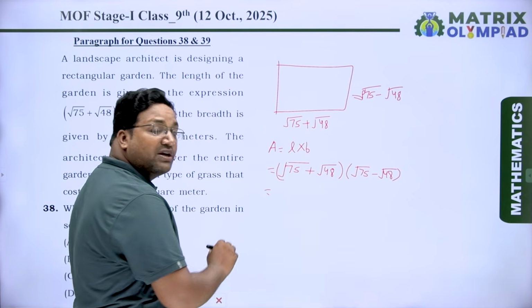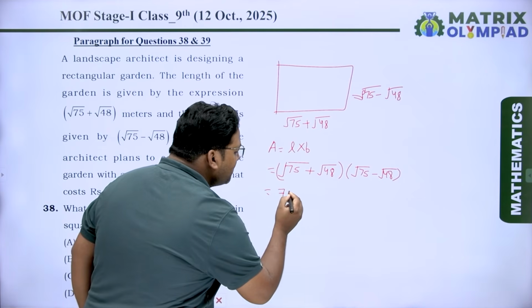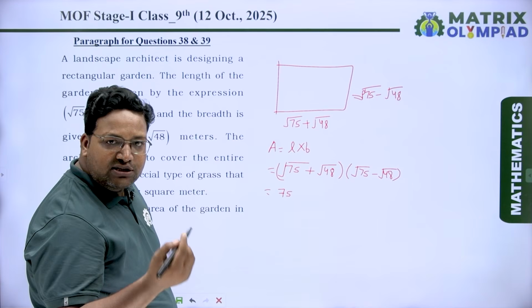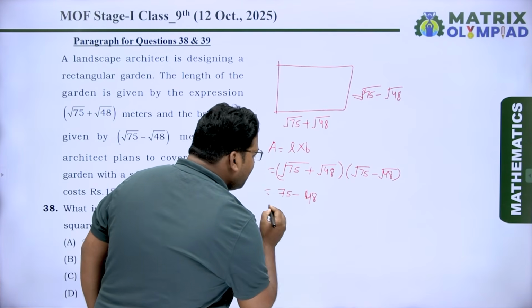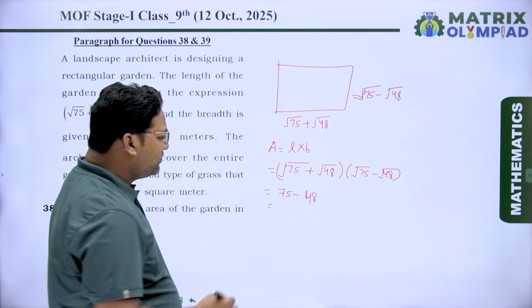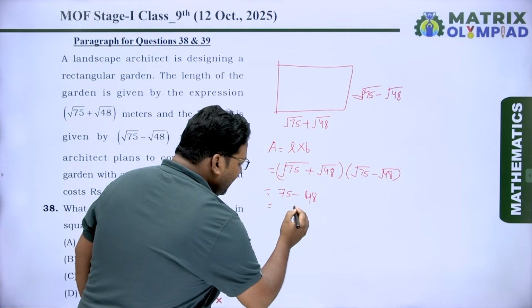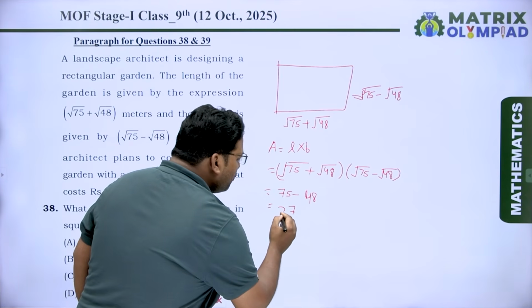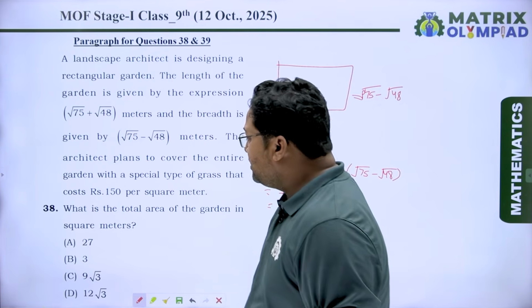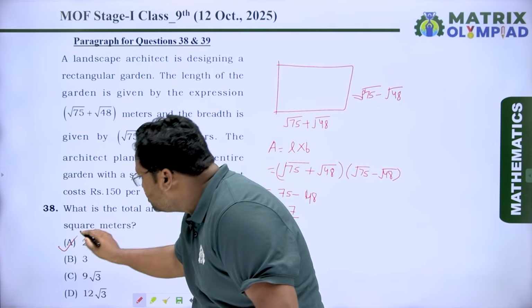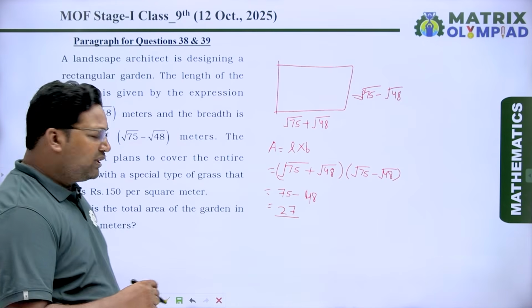Here a is root 75, so root 75 square is 75, and b is root 48, so root 48 square is 48. So it is 75 minus 48, which is 27 square meter. So our answer is 27, which is option A. So option A will be the correct answer.